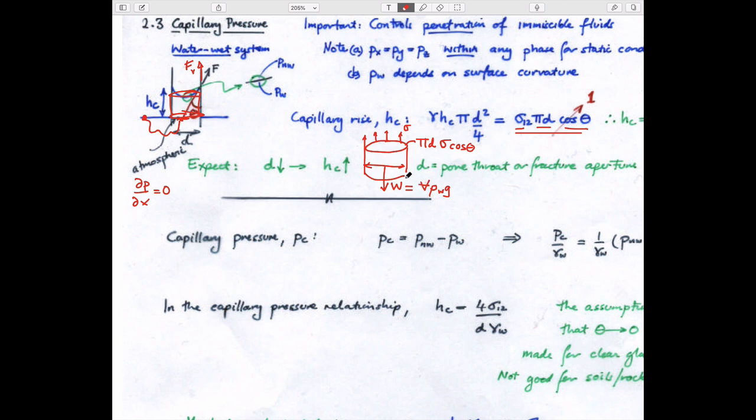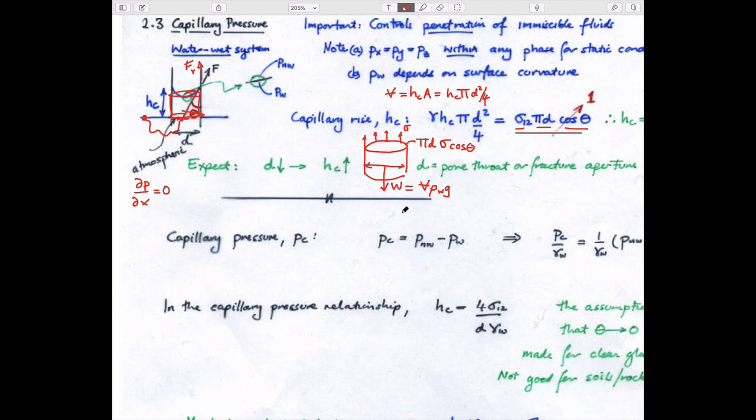And the volume of this is just going to be what? It's the height, which we'll call h sub c for a reason we'll identify later, times the area, which is pi d squared upon 4. So that's just this expression here.